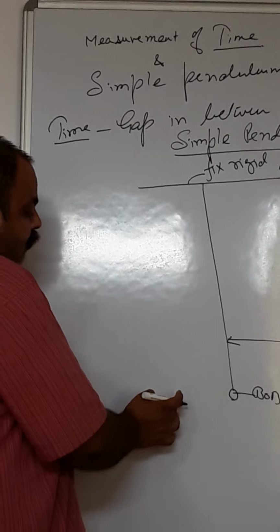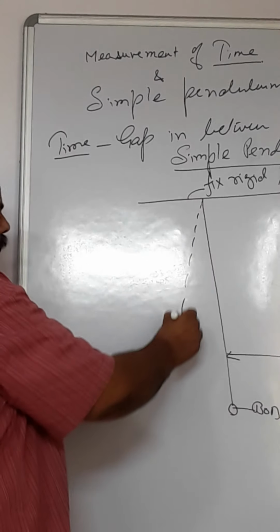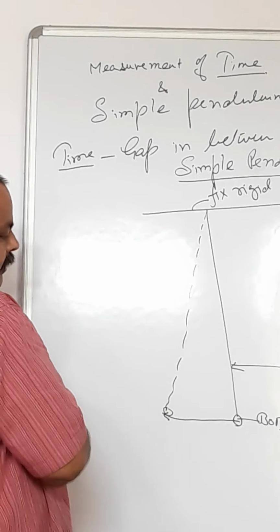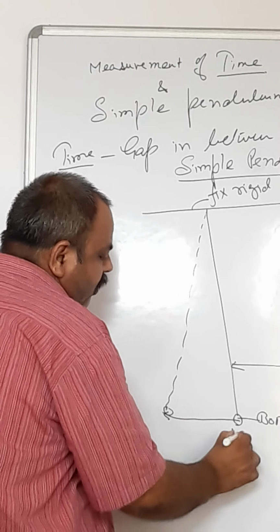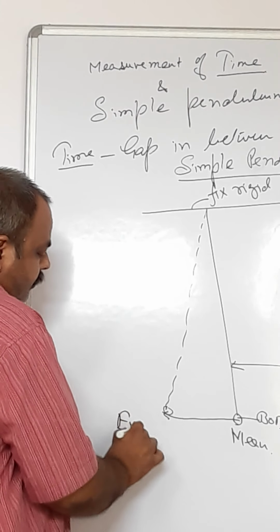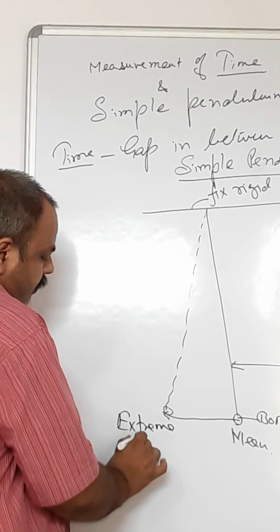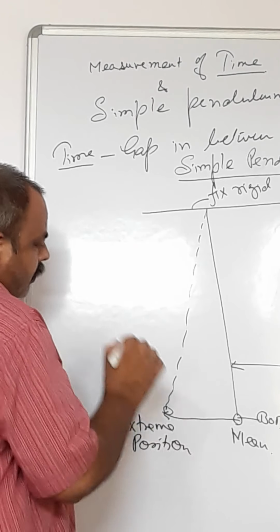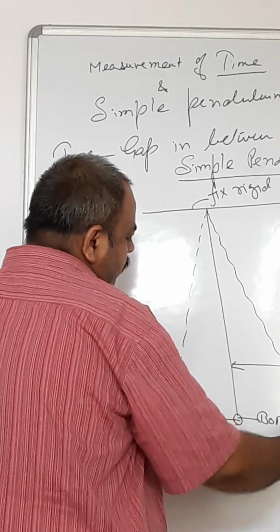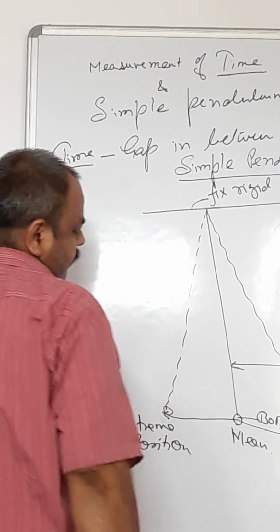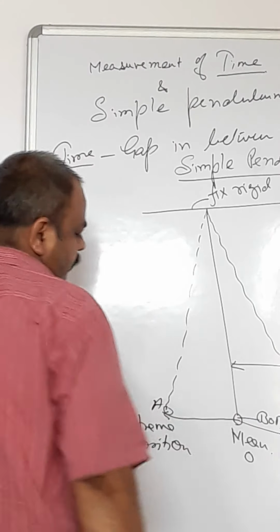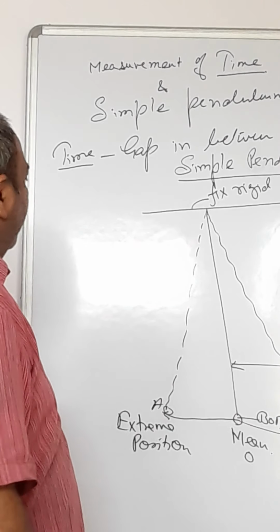If the pendulum is taken to this extreme, here I have taken it. The distance from the mean position, this is the mean position, and this is the extreme position, on either side. Like this is O, A and B. OA is said to be the amplitude.